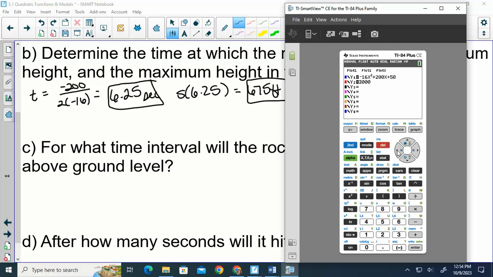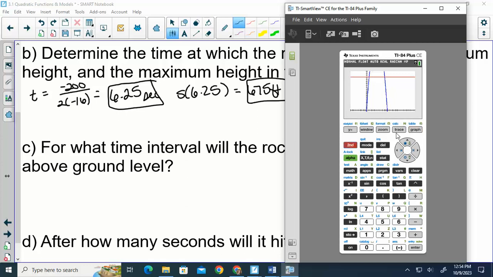So if you're just looking at it originally, we can't see it, so we will have to adjust our window to go above that, so I'm going to make my y max 350 this time. Okay, and I'm only seeing part of it, so I need to adjust for my x's as well. So maybe I need to go up to, let's try 30 for the x max. So then I can see it.